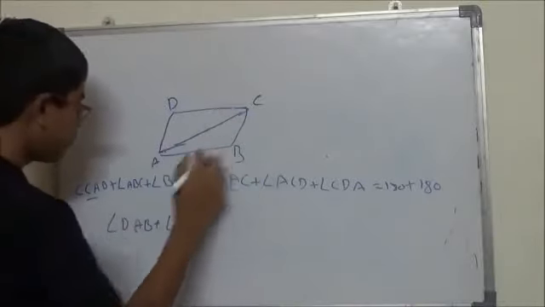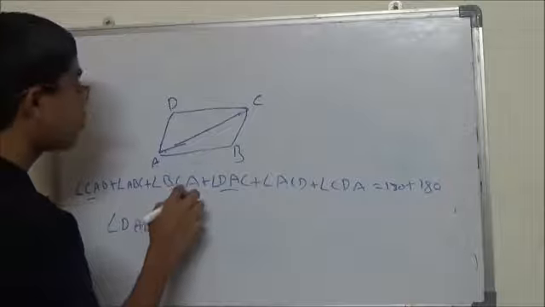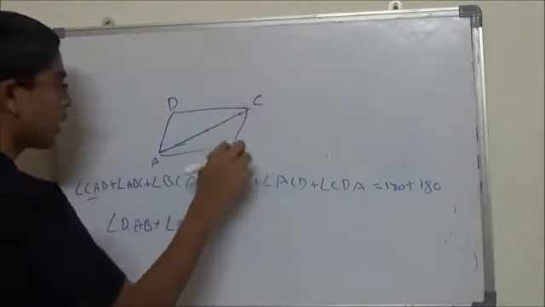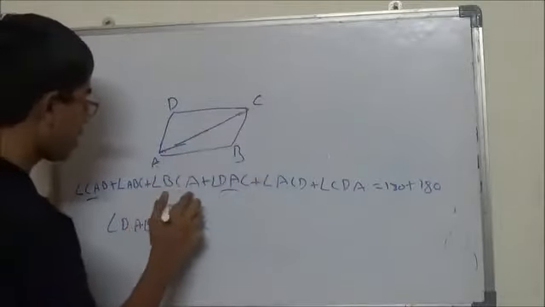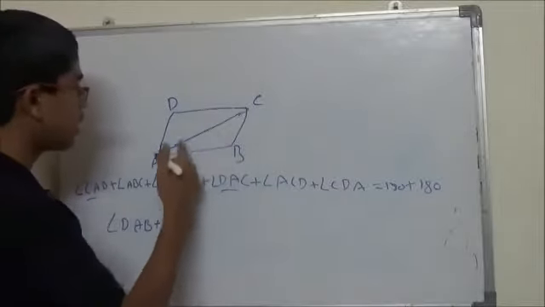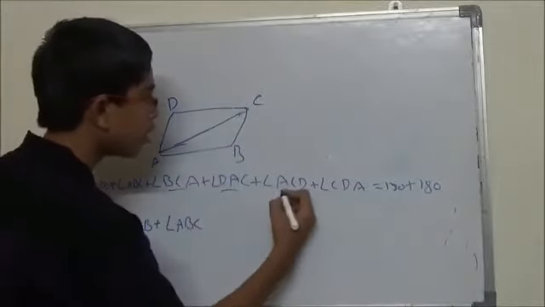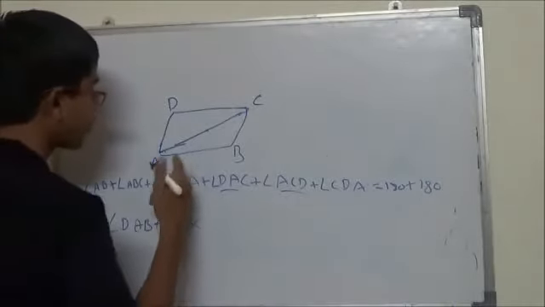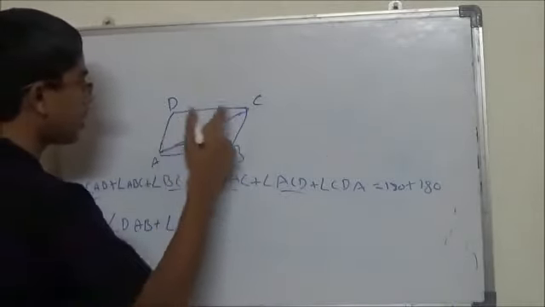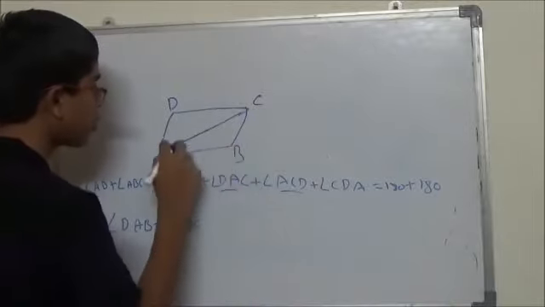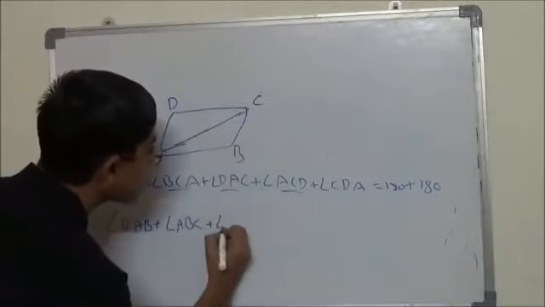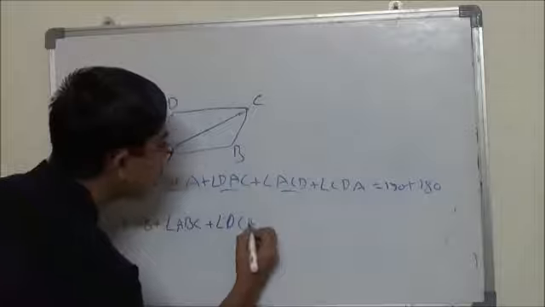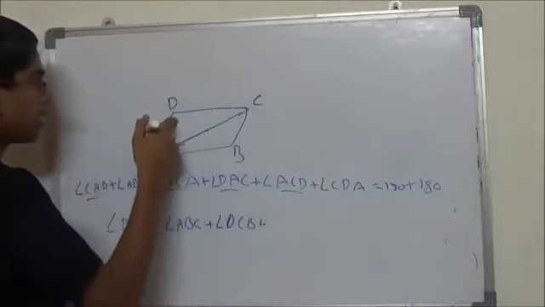So angle ACD and angle BCA together are equal to angle DCB, and this angle is remaining.